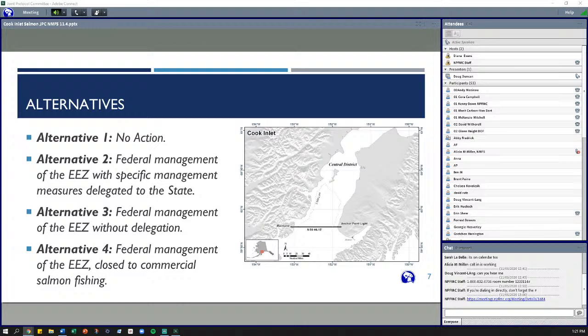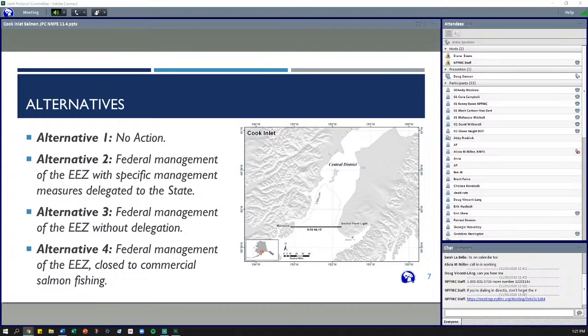So I'm going to give a brief overview of the alternatives, and then we'll spend some time walking through each one in detail. So the first alternative under consideration is a no action alternative, which would make no amendment to the Salmon FMP, leaving things under the status quo.